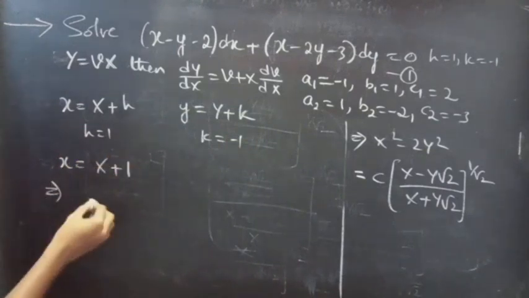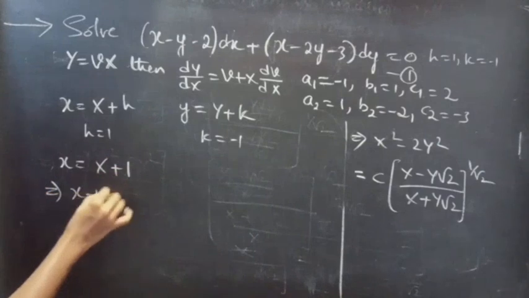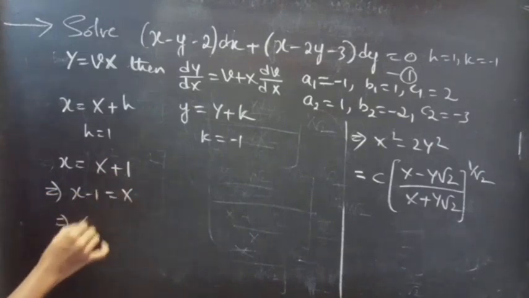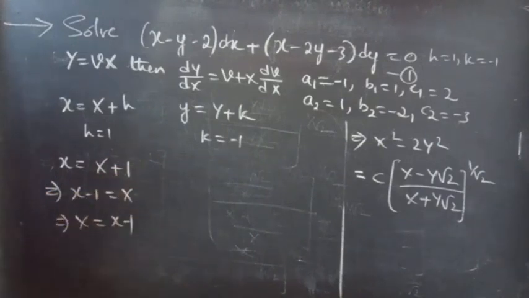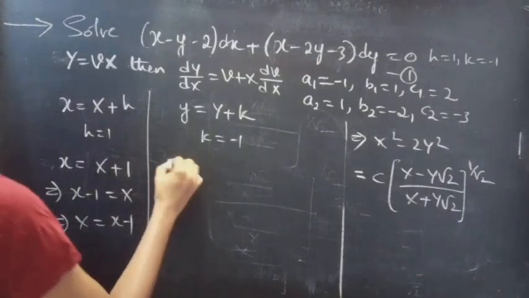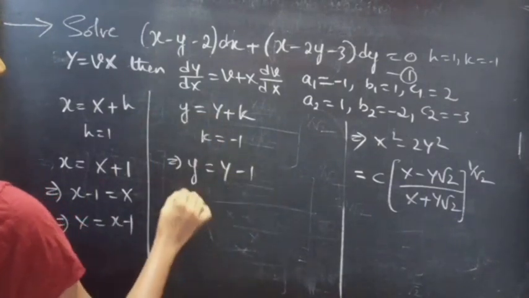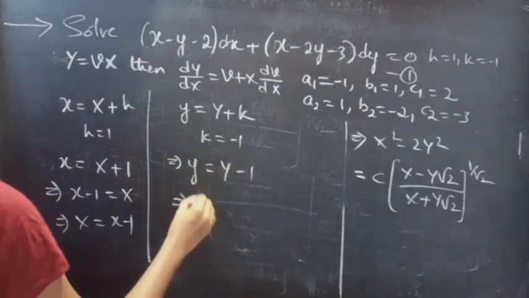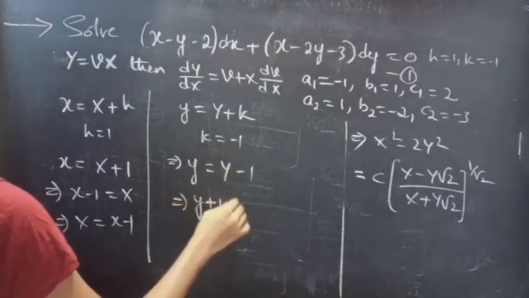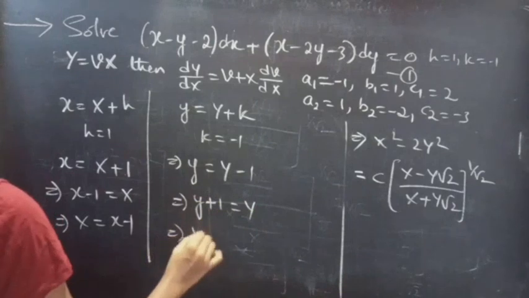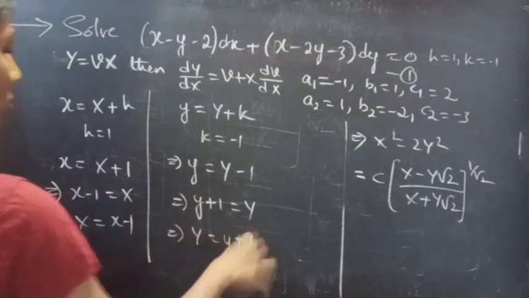From this you'll get x minus 1 equals capital X, that is capital X equals x minus 1. Coming to y equals capital Y minus 1, take this minus 1 to LHS, you'll get small y plus 1 equals capital Y. Capital Y equals y plus 1.